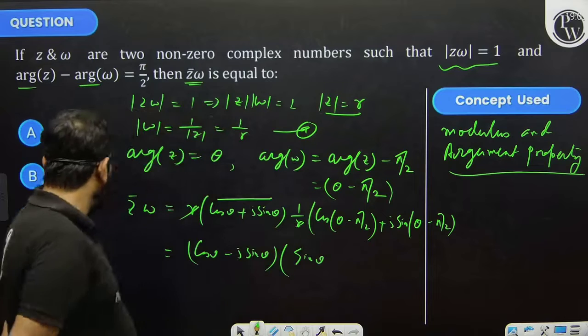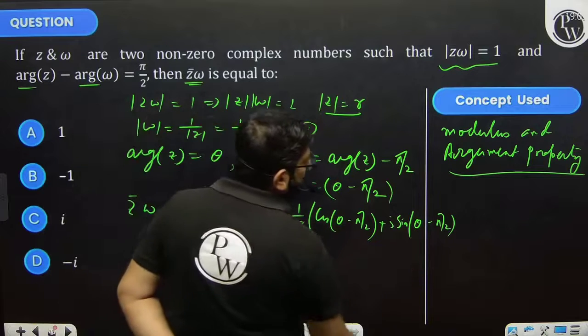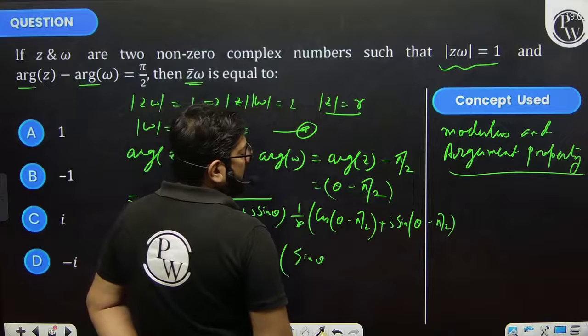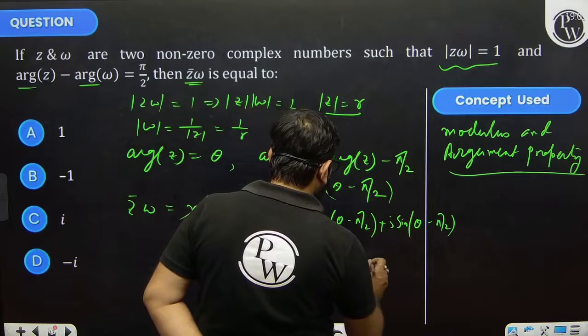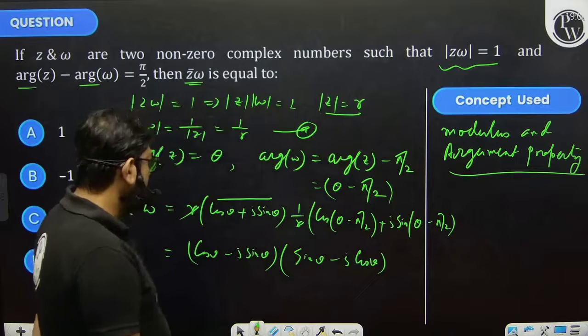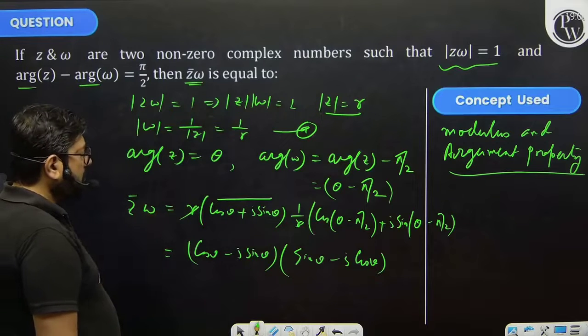And sin of pi by 2 minus theta is cos theta, so minus iota cos theta. No problem. This is our z conjugate into w.